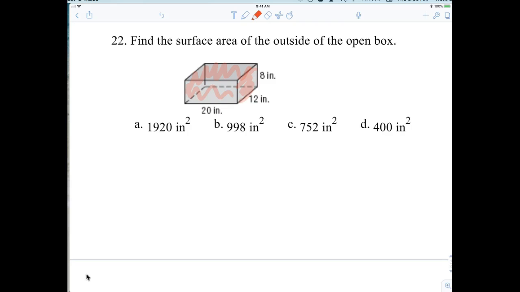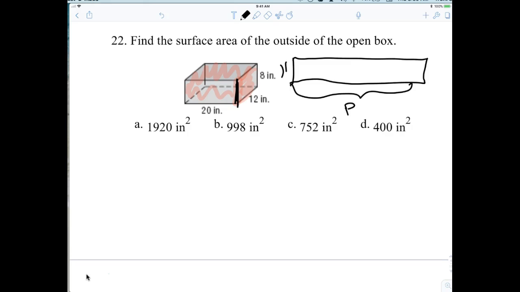So the quickest way, remember what I tried to show you, is if you lay this out, if I were to cut it right here and lay it out, it would just be one giant rectangle. So this distance right here is the perimeter, and that's the height. That's how easy it is. The lateral area of a prism is always the perimeter times the height.